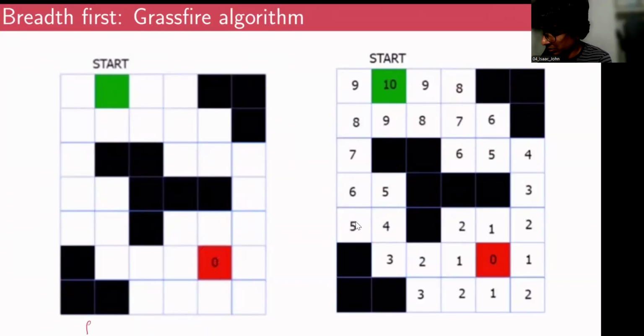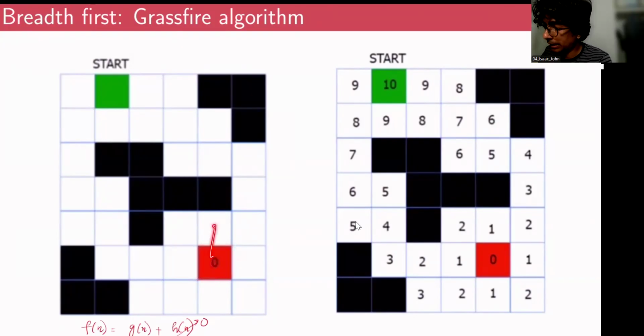The total expected cost f of n is g of n plus h of n, which is the heuristic cost. So in the grass-fire algorithm, we consider this heuristic cost to be 0, and we assign the path cost at the goal position to be 0.